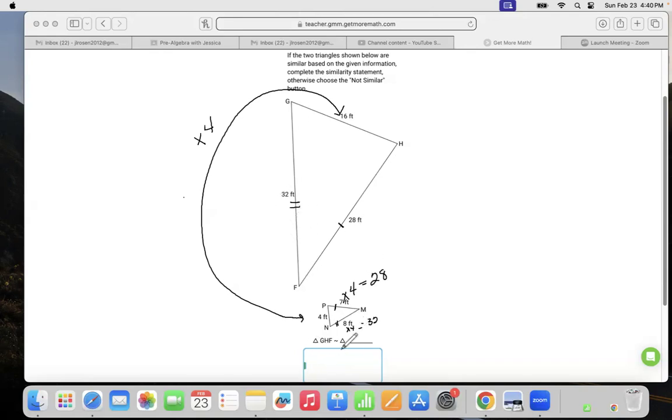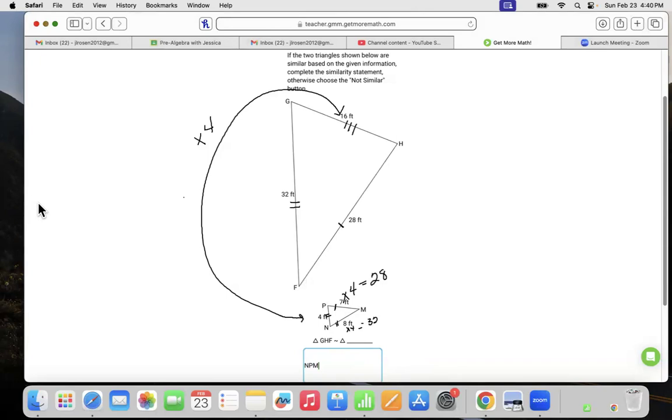So when we're trying to find our answer here, it had GHF. So it was the shortest side to the second longest side. That would be shortest to second longest, which would be NPM. So just really finding a way to notate it so that you end up with the right order.